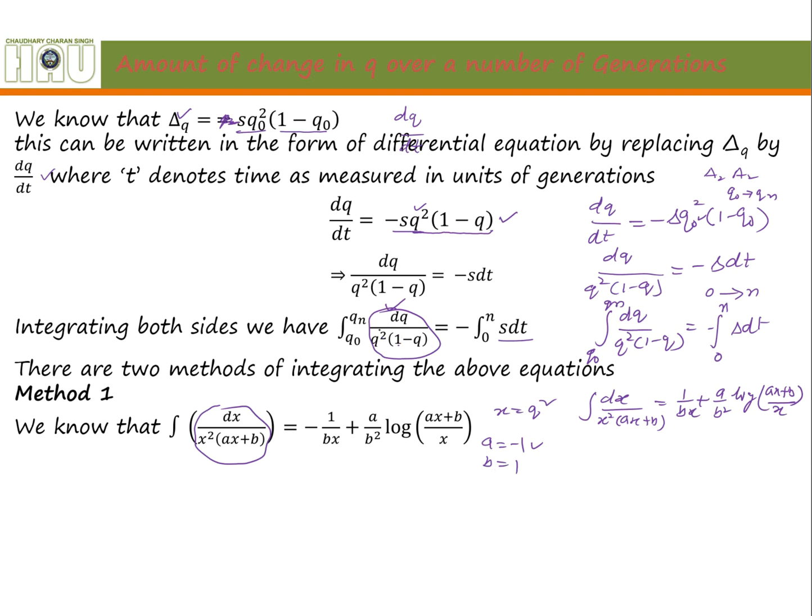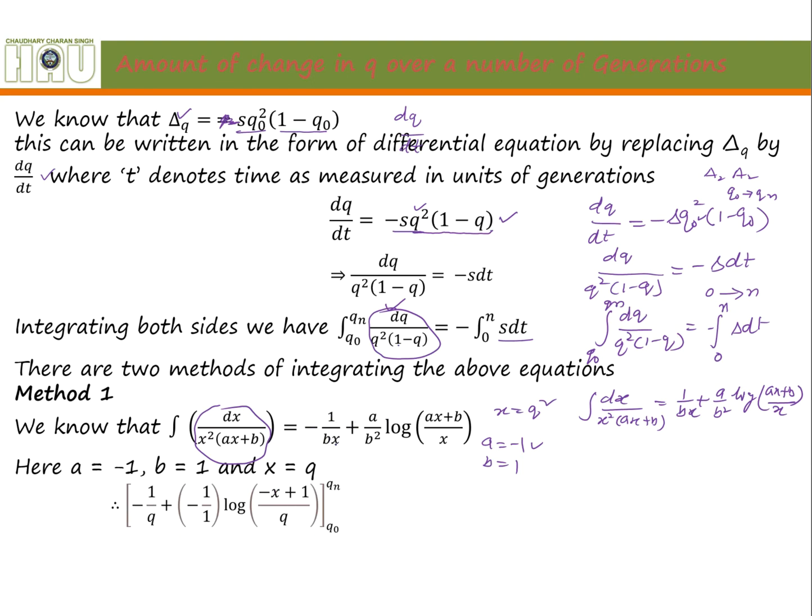B is +1, and your x is q. So this becomes x square, this is my b minus ax. So a is -1, b is 1, and x is your q. So I can apply this result directly to this integration.